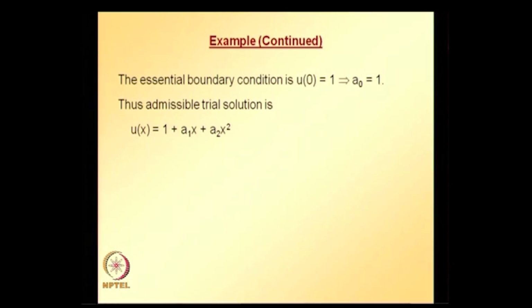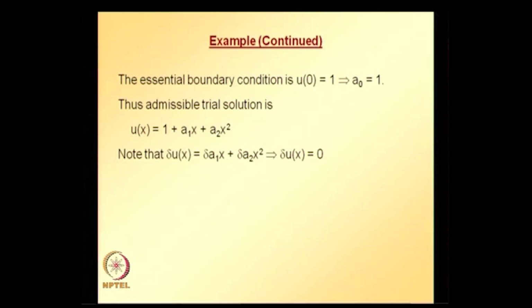Again, your job is to find a1 and a2. Once you go through the whole process and find these unknown coefficients, you come back to this equation, back substitute a1 and a2 into it, and you will get the approximate solution for this problem.